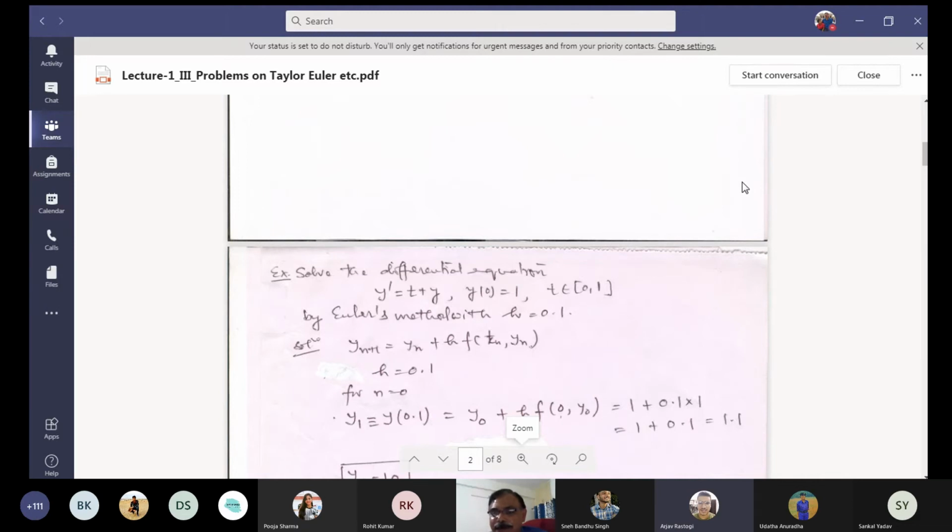What can we say about the speed of both of these processes? Everything will be told, don't worry. That is your speed, the order which I have told you: first order and second order. The local truncation error itself suggests what is going to happen.